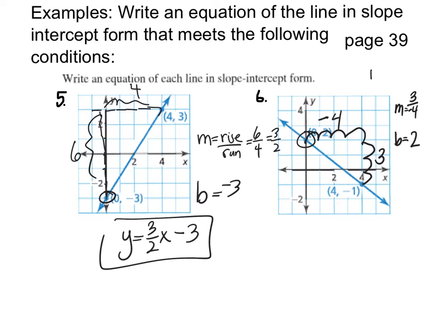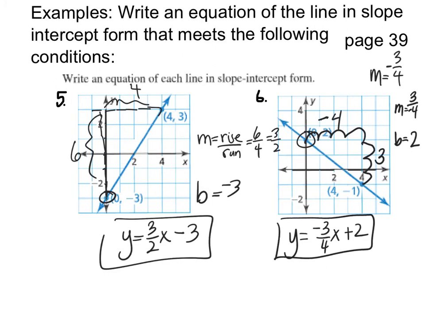The best way to write that is slope equals negative 3/4. Really and truly, neither the 4 nor the 3 are negative, just the slope of the line is negative. So y is going to equal negative 3/4 x plus 2. That's the equation of the line that is pictured for number 6. Please sketch those lightly on your paper and then make sure you have the correct answers down. Next.